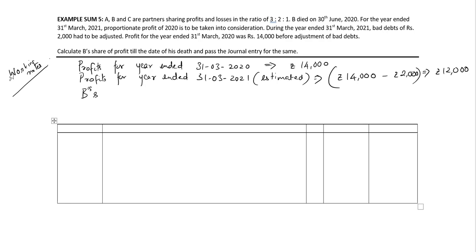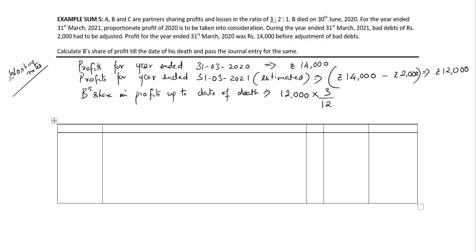Next, B's share in profits up to the date of his death. We'll take the estimated profits for that year, which is 12,000 rupees, multiplied by, B dies on 30th June 2020, so the number of months from 1st April 2020 to 30th June 2020 is 3 months.